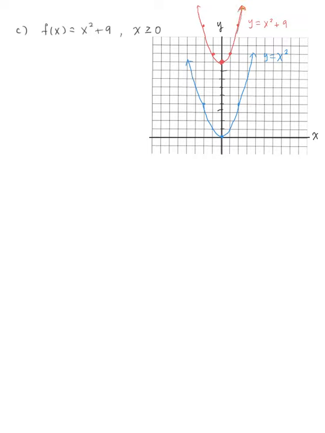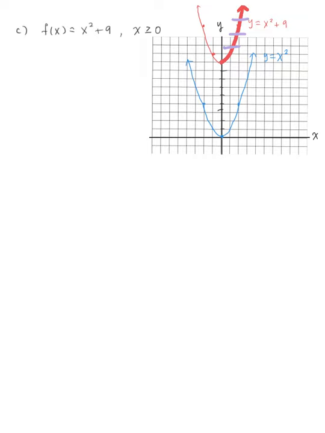I don't know if you can see that. Is that better? So we're only looking at the right hand side of x squared plus 9. If I just take that one piece, do you see that the function becomes one-to-one because it passes the horizontal line test? All right, but anyway, to find the inverse is exactly the same procedure.